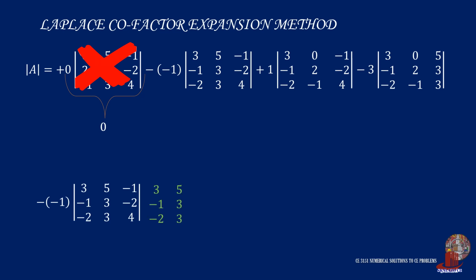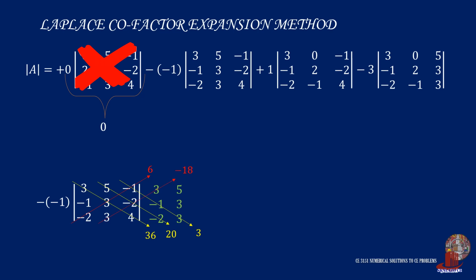The first diagonal has 3 times 3 times 4, giving 36. Next has 5 times negative 2 times negative 2, giving 20. The last diagonal has negative 1 times negative 1 times 3, which makes 3. The anti-diagonals start with negative 2 times 3 times negative 1, which is 6.